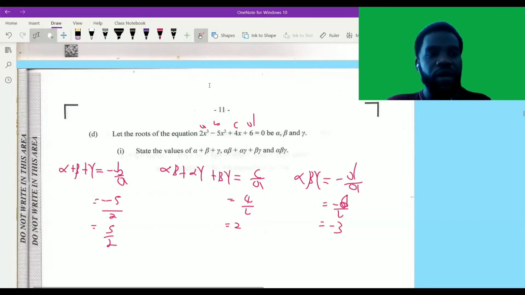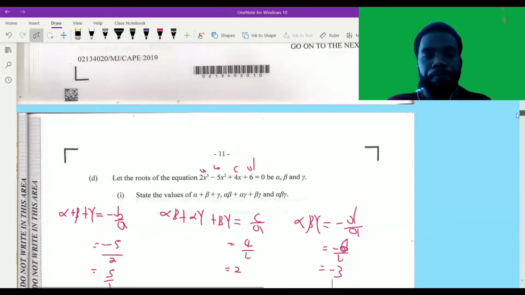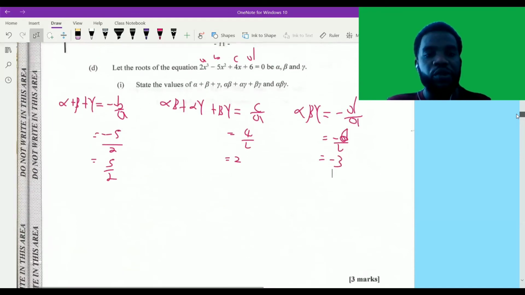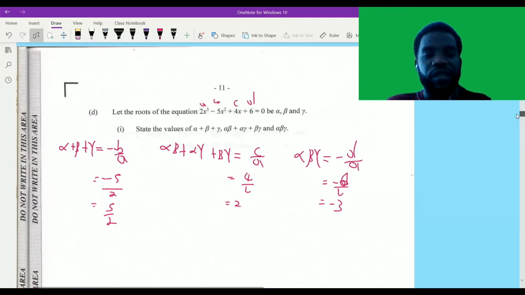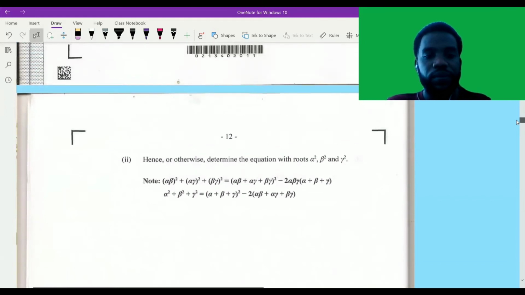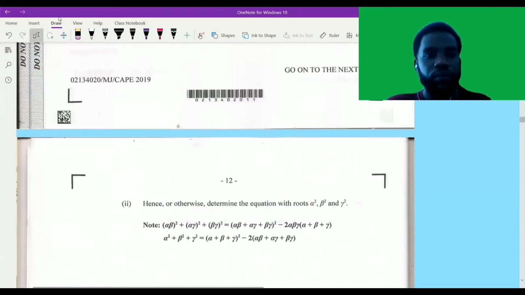Now let's see how many marks they're going to give us for that. 3 marks, 3 easy marks. Of course, you know you're going to need this for the next part of the question. 5 over 2, 2, minus 3. All right, so let me just put them here so you can see them. The sum is equal to 5 over 2.